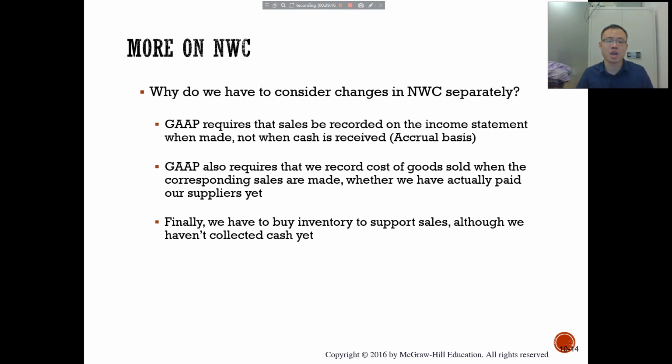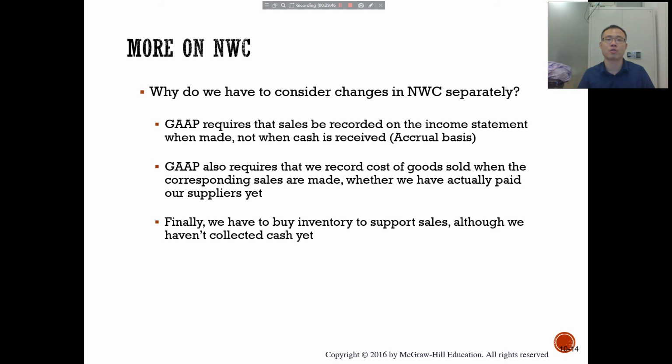GAAP also requires that we record cost of goods sold when the corresponding sales are made, whether we have actually paid our suppliers yet. So if I make shoes and I buy rubber from the rubber owners, I get the rubber, I produce the shoes and I sell the shoes.